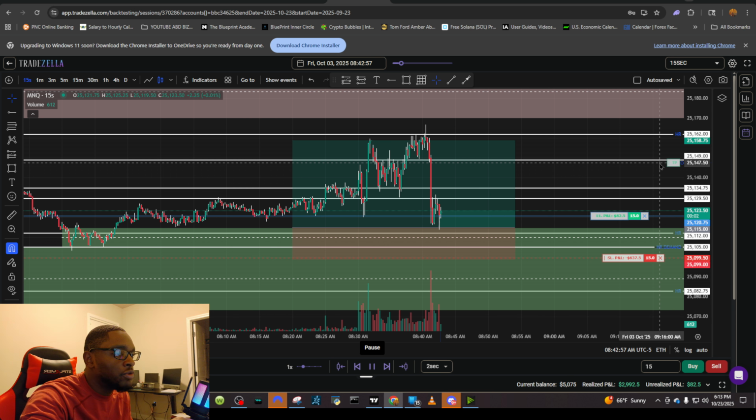And it's probably not going to go to this 4-hour zone, even though it has just balanced out because it filled this whole imbalance. This straight red candle filled this whole imbalance right here, and it just balanced out because of the green candles. So now it just hit a balance, meaning where it's green and red candles together. Now that it hit that balance, it might come back down to this most recent one, and it just did.